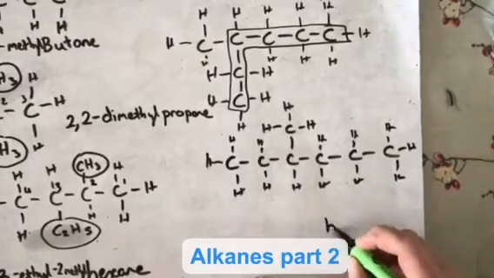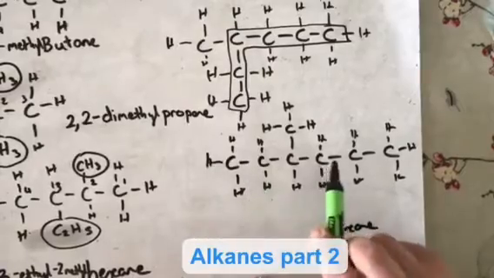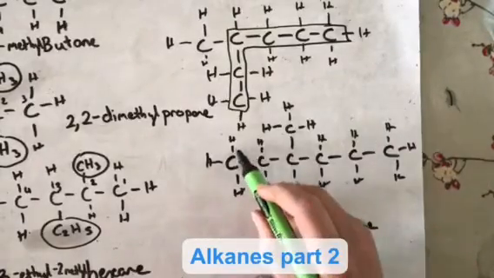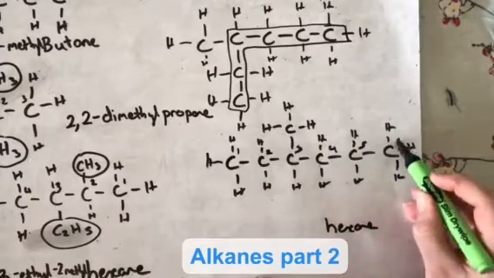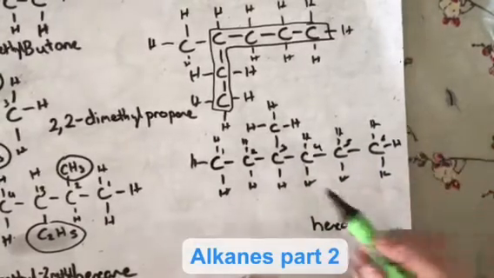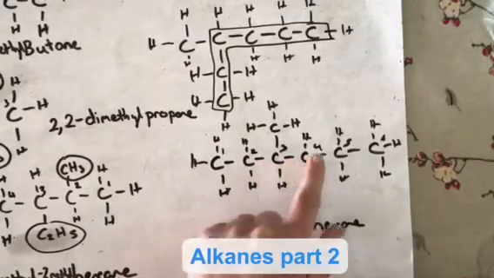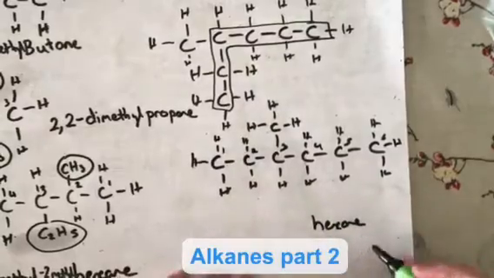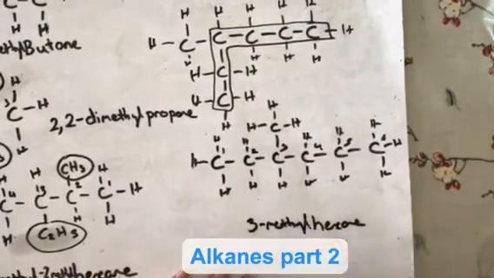We've got hexane as our root, and we've got 1 methyl group. We're going to number it from this direction because it will have the lowest carbon number. 1, 2, 3, 4, 5, and 6. The methyl is on the third carbon, so it's going to be 3-methylhexane. Are we okay with that?